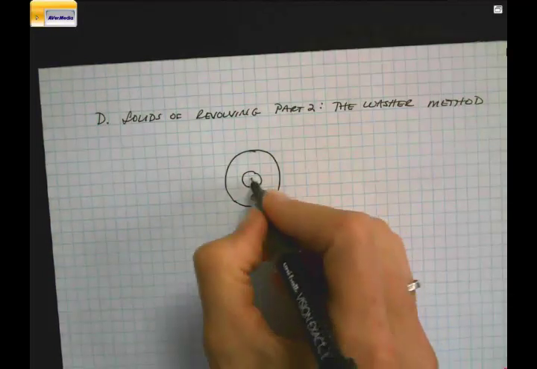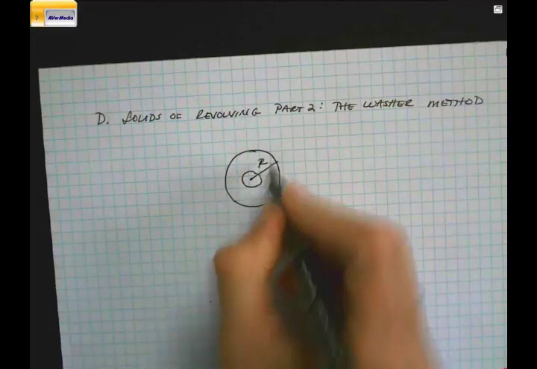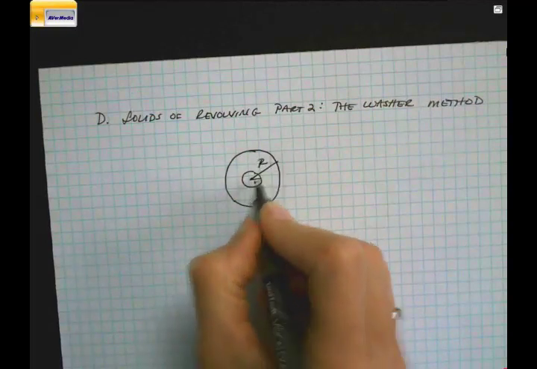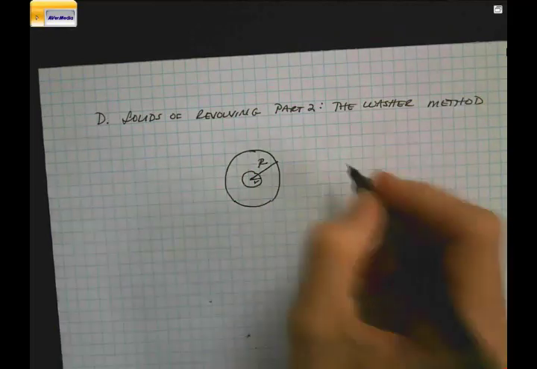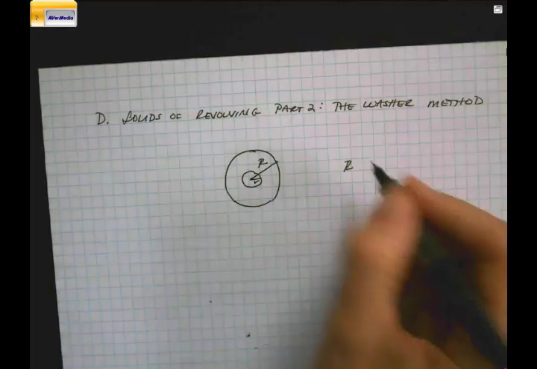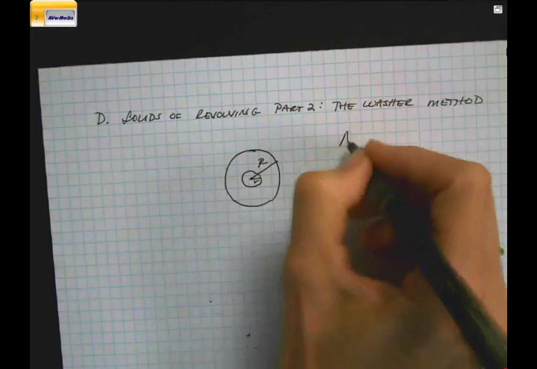So you have an outside radius of capital R and an inside radius of little r. To find the width of the donut hollowed out, or the width of the washer, you're looking at capital R squared minus little r squared. Now I've got to rearrange this.